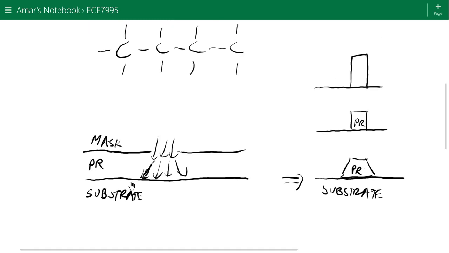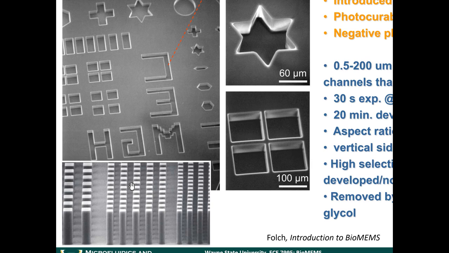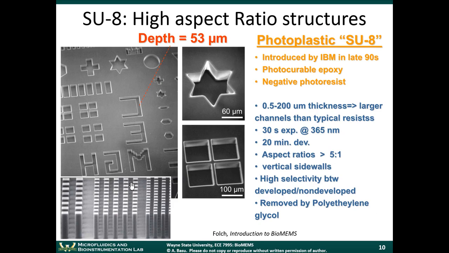So one of the nice things about SU8 is that you get these very high aspect ratio structures. It's a commercially available material. A lot of microfluidics labs have this material on hand. The developer for this is polyethylene glycol, and there's a very high selectivity between the developed and non-developed regions, which means when you put it in the developer, you don't have to time it perfectly.